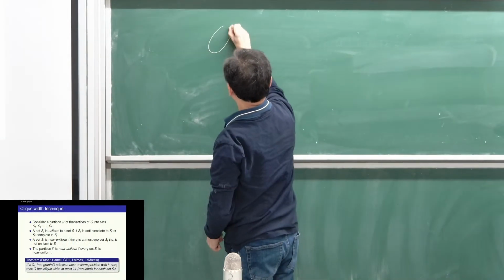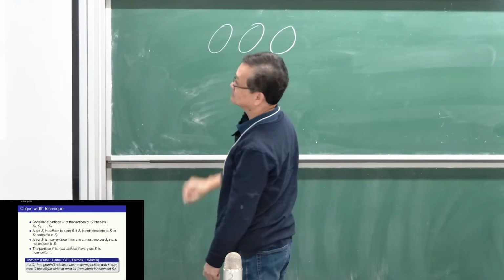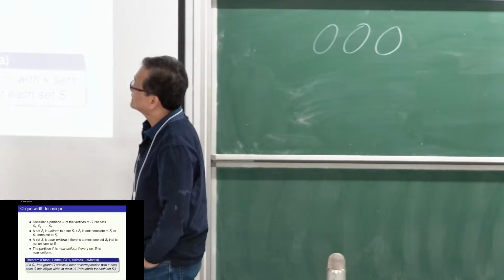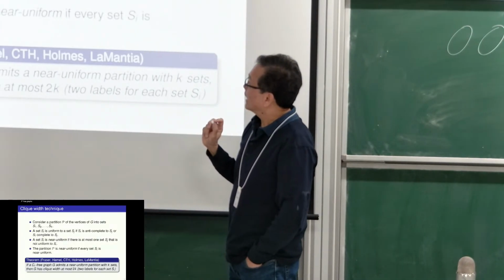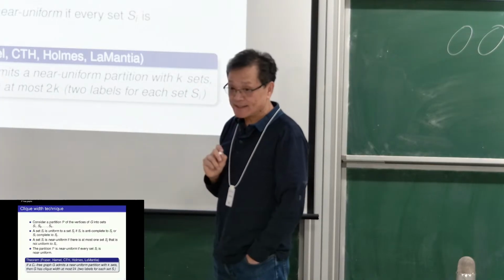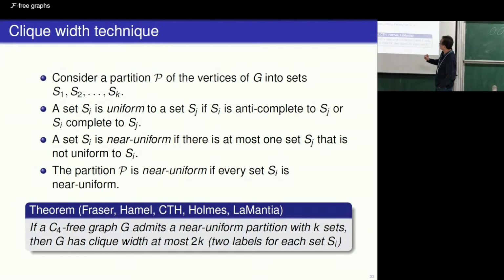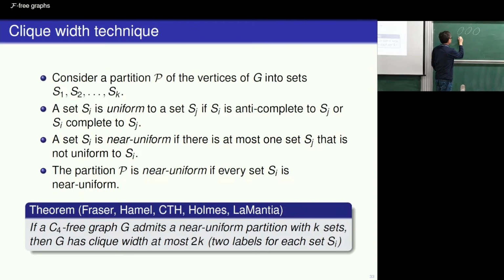So let's say I have a partition into K sets, and I say that Si is uniform to Sj if, between Si and Sj, either I have all edges or I have no edge. Remember the idea of the homogeneous set before? It's exactly like that.